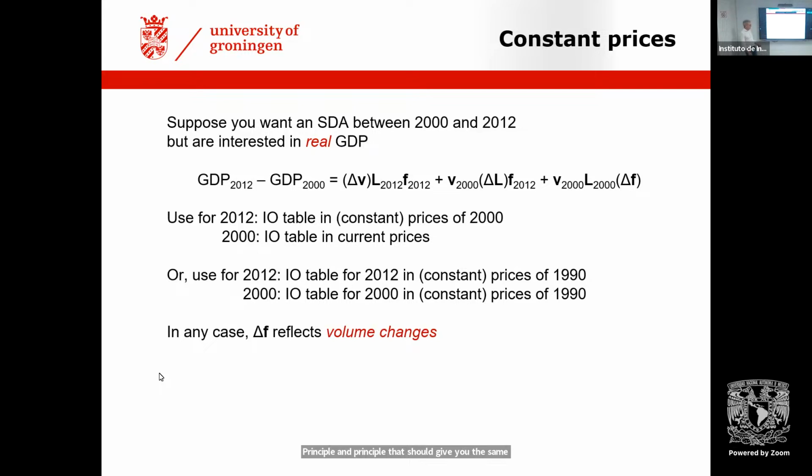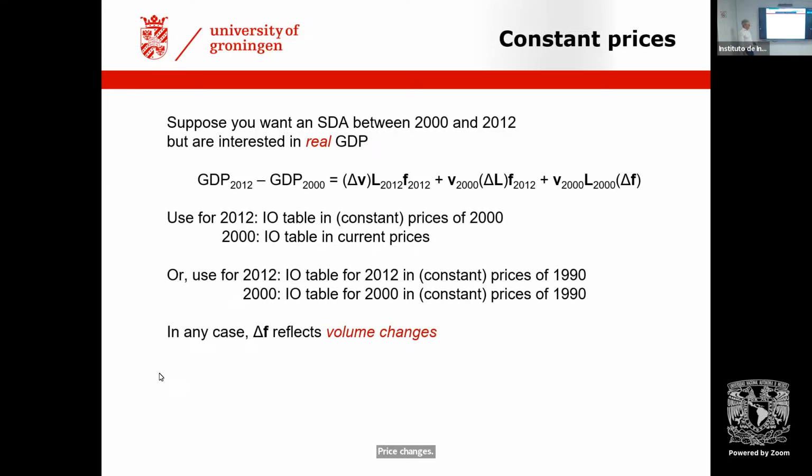The crucial thing is that if you work with tables in constant prices, the delta F, the delta V and the delta L are based on volume changes. And here I highlight the delta F effect because V and L are coefficients. This one suffers from price changes.